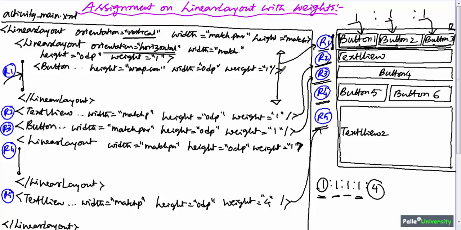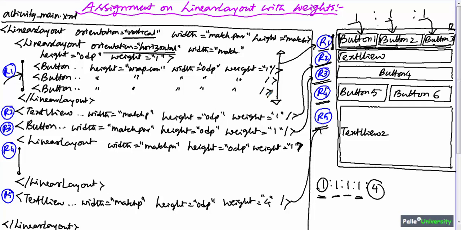This is the end of the first button, and similarly I will write the code for the other 2 buttons also. Height wrap content, width 0 dp and weight 1. Similarly the third button also with the same properties. With this, the code for the first row is completely over.